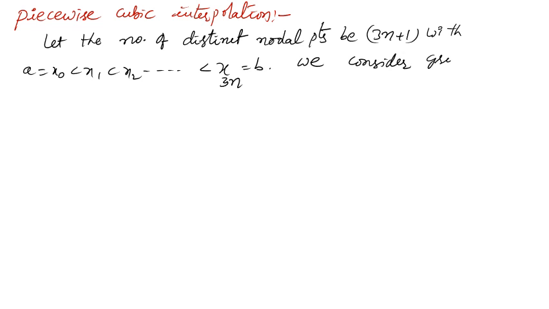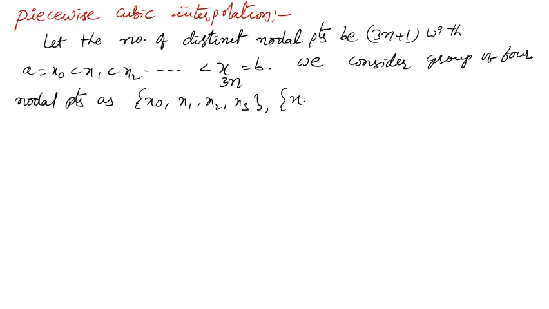groups of 4 nodal points. What are the nodal points? x0, x1, x2, x3, 4 nodal points. Next one is starting from x3: x3, x4, x5, x6, and so on.